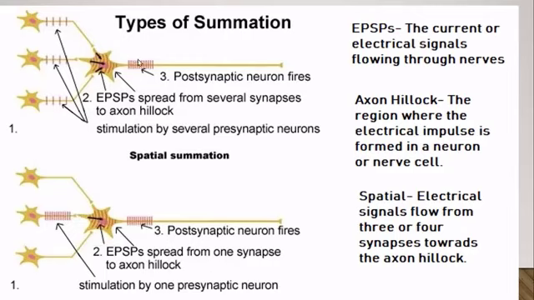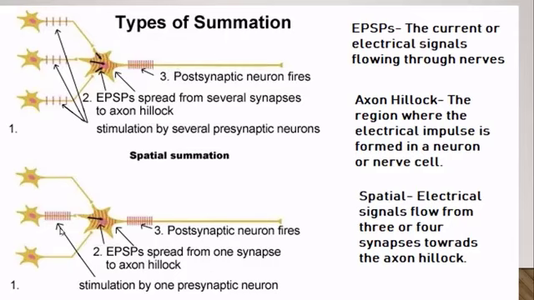In spatial summation, when multiple neurons are activated, neuron A, neuron B and neuron C, and their postsynaptic potentials are added together, it can produce an action potential in the postsynaptic neuron.